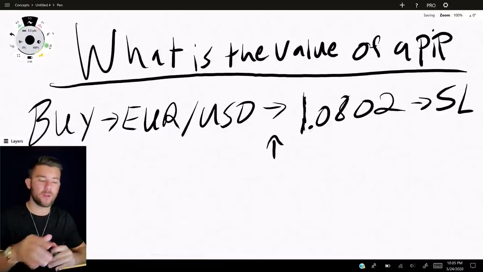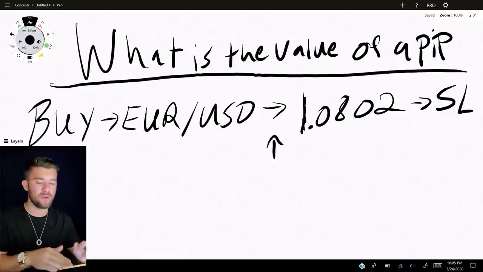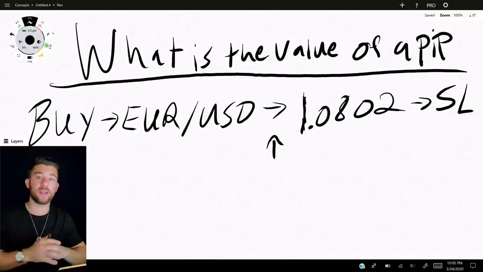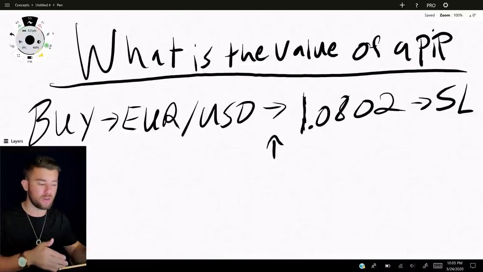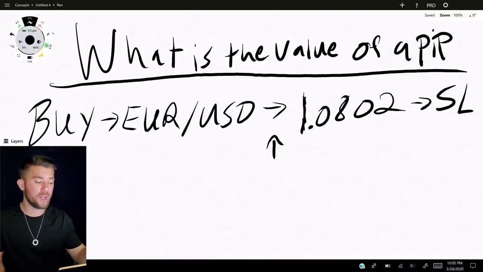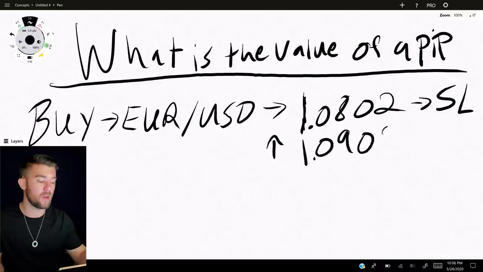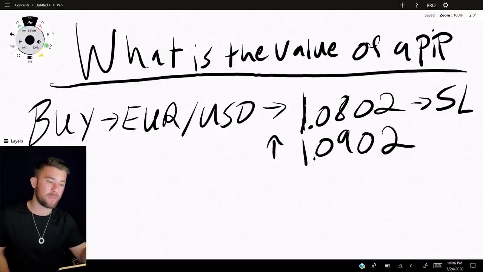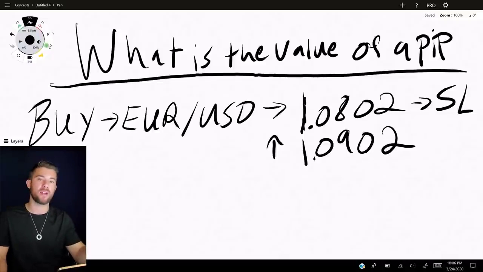All right, so let's move into this euro dollar trade here. If we have the euro dollar at 1.0802, we trade one standard lot, 100,000 units of this currency, and we do so at 1.0802, and this market moves to 1.0902, going up. We wanted the market to go up, and we take profit at 1.0902.